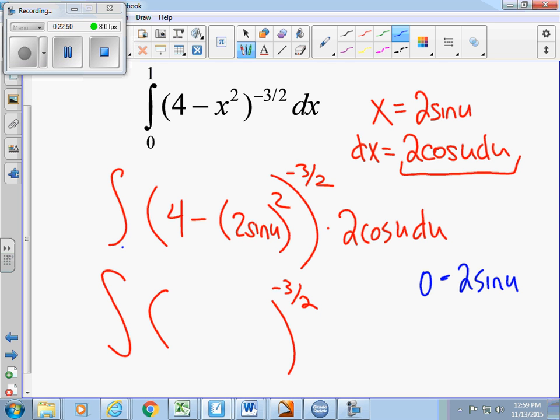Sine of 0 is 0, so that's still 0, because sine is 0 at 0. But the other one, when is sine of u equal to 1/2? When is sine equal to 1/2? Pi over 6. So our u's would change, our endpoints would change, because our x's changed to sine of u's.